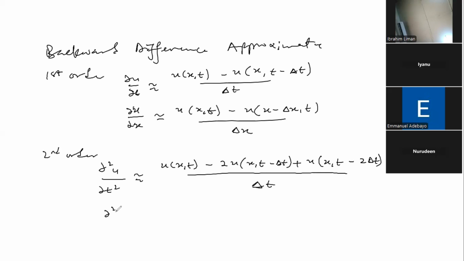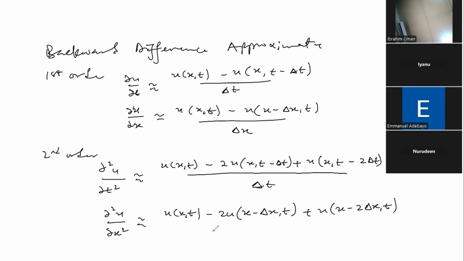And then we have d squared u by dx squared is approximately u(x,t) minus 2u(x minus dx, t) plus u(x minus 2dx, t), over dx squared, that is for second order.